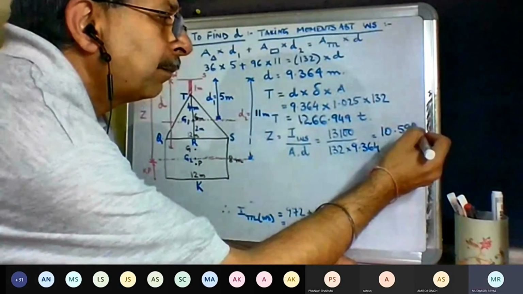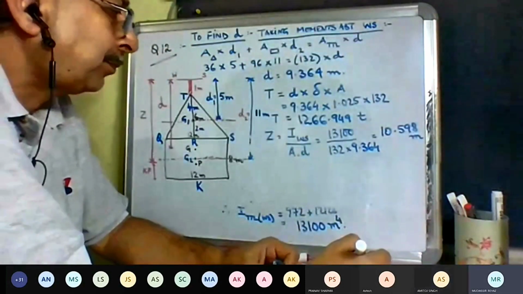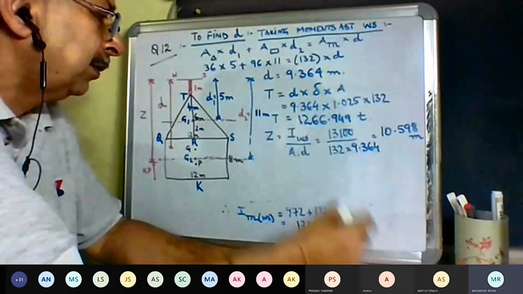Everyone is getting the same? Yes, sir. So Z is 10.598.